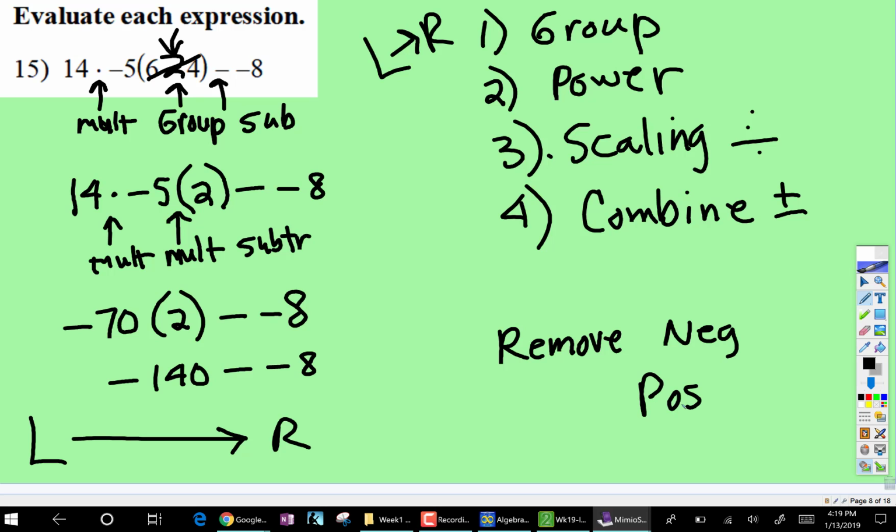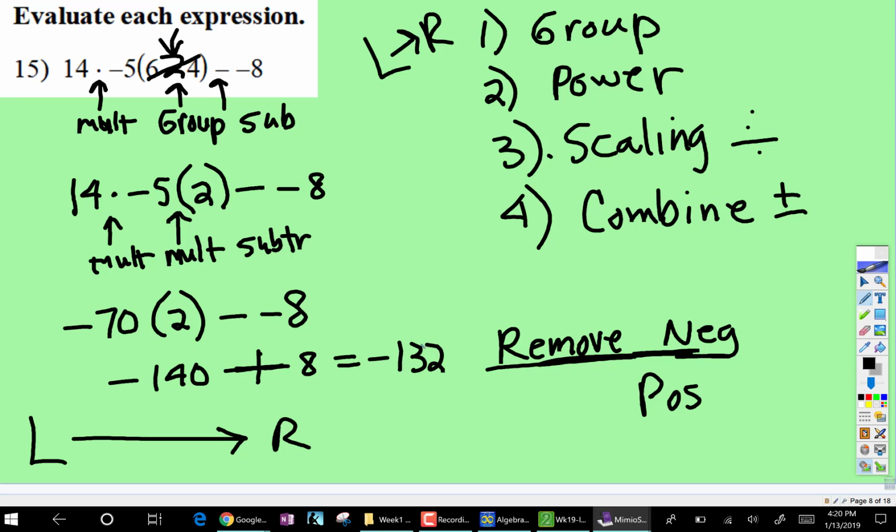This is a very dark example, but if you find out somebody has cancer, that's very negative. But if you remove the cancer, if you remove a negative, it's positive. So negative 140, subtract negative 8, that's like saying positive 8. And negative 140 plus 8 is negative 132.